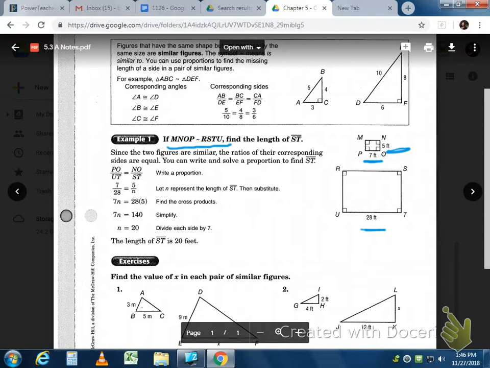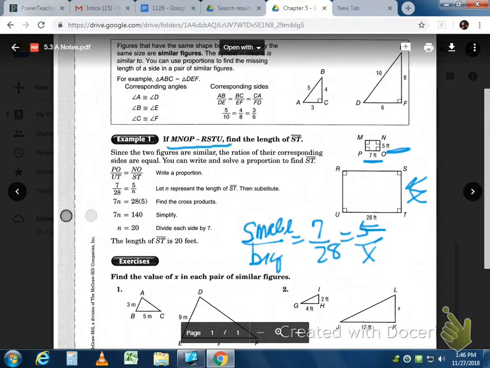On the right side, the ST. So this one would be my X, or my N. You would write a proportion small to big, and you would go 7 to 28 equals 5 over X. You pair up the sides from the smaller figure to the bigger figure, and then you do what we've done with every proportion. You do your cross, cross, and solve.